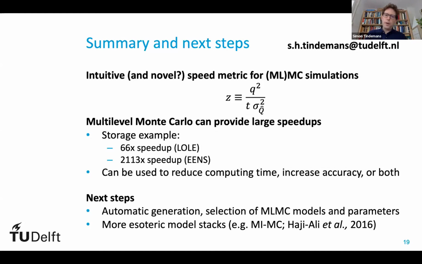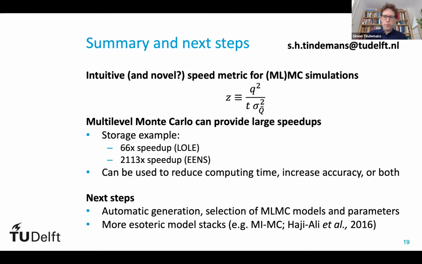In the storage example here, you see 66 times speed up for the LOLE index, which is a little bit less well behaved, and over 2000 for ENS, which is very well behaved because it's a continuous metric. You can use this method to either reduce computing time or increase accuracy, or both, as you wish.